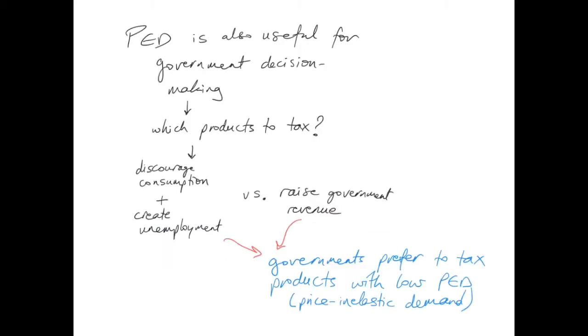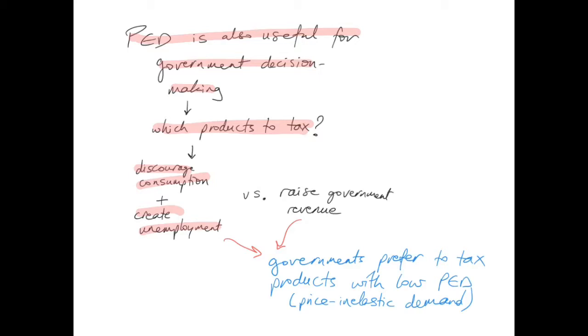So we talked about how PED is useful for firms and it helps them with their pricing decisions. PED is also useful for government decision making. Knowledge of price elasticity of demand helps governments determine which products to tax. Whenever a government imposes a tax on a product, this tax will discourage consumption and therefore it will lower production and create unemployment.